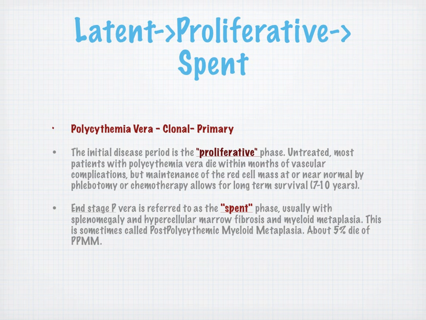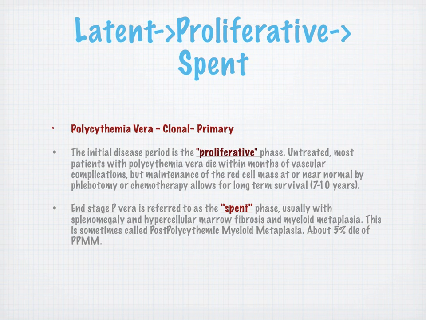End-stage polycythemia vera is referred to as the spent phase. So proliferative phase versus the spent phase. And what's happening in the spent phase is usually splenomegaly and hypercellular myelofibrosis and myeloid metaplasia. So what does that even mean? Well, we're going to talk about what that means.